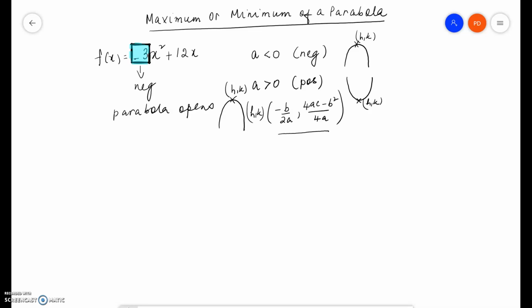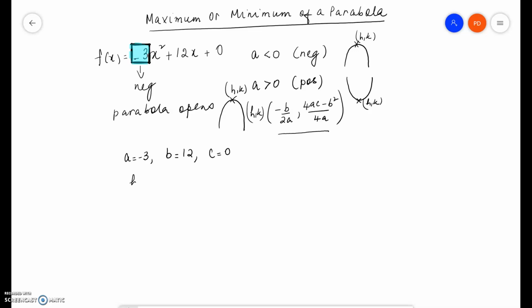So f of x equals negative 3x squared plus 12x. So a is equal to negative 3, and the coefficient of x is 12, so that's b. And c is equal to 0. If there is no constant, then that tells us that c is equal to 0.